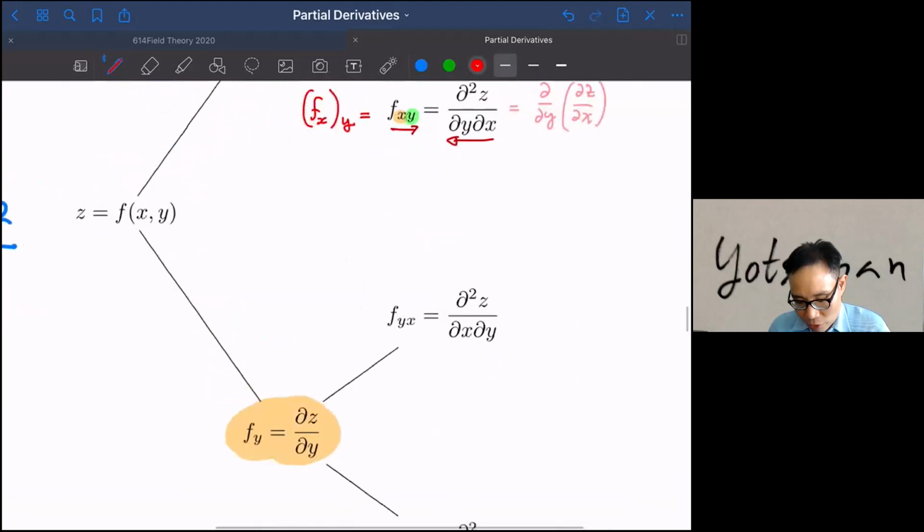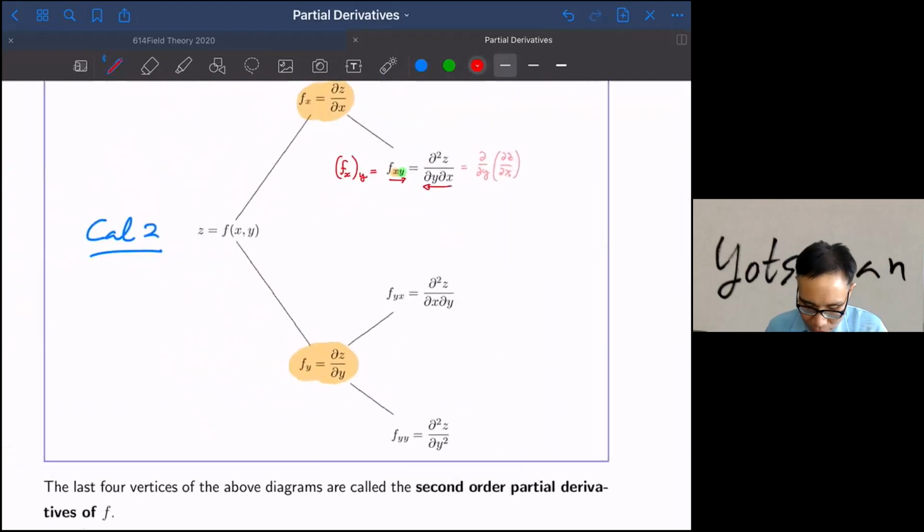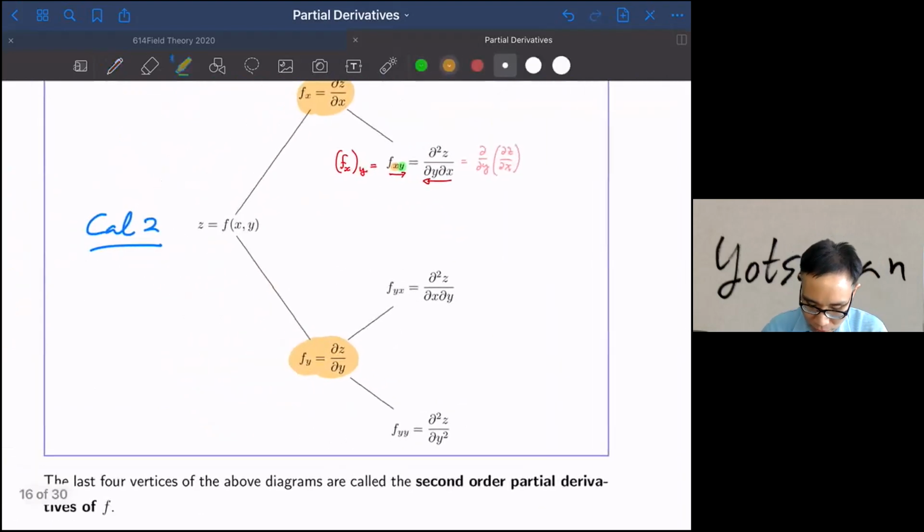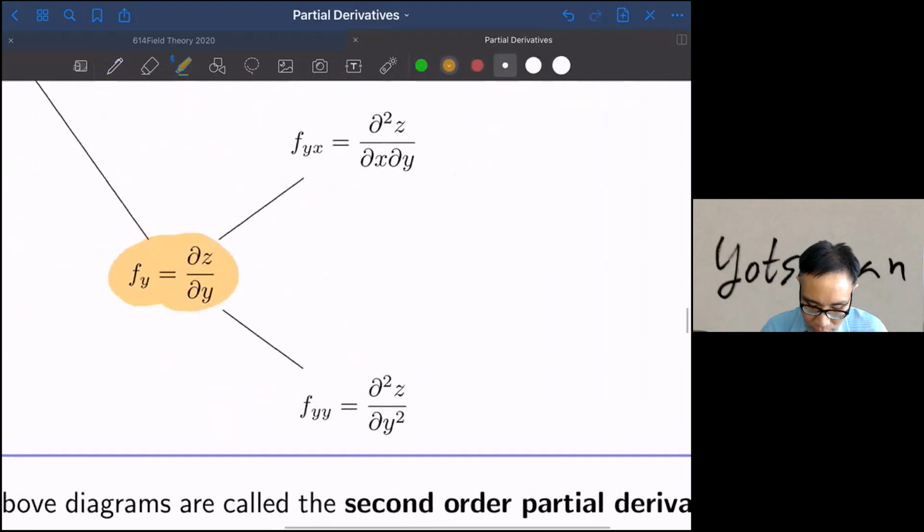Similarly, if you begin with fy, you can differentiate fy in two ways. You can differentiate fy with respect to x and with respect to y. So this one turns out to be the second partial derivative. When you read this notation, this one will be from left to right, and this one is going to be from right to left, same as above.